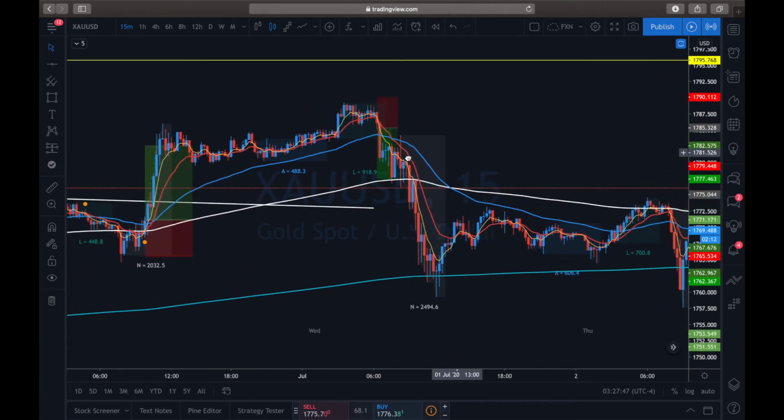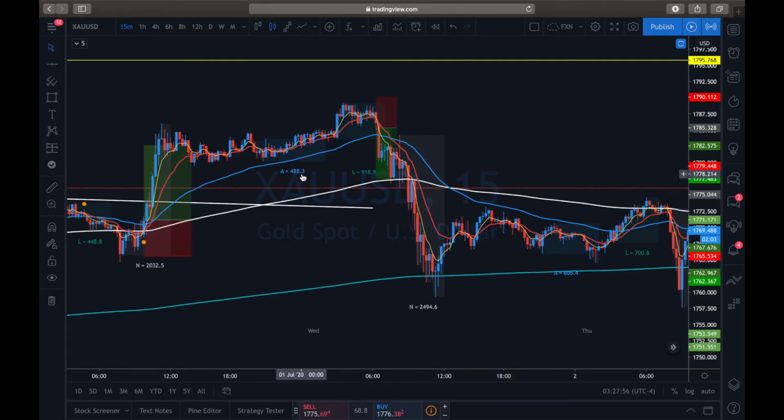So you can see here on this day, we end up getting a type 1 setup out of Asia. The Asian range is about 48 pips. Now on this, I want you guys to keep in mind that the number that it reads out here is a decimal off.